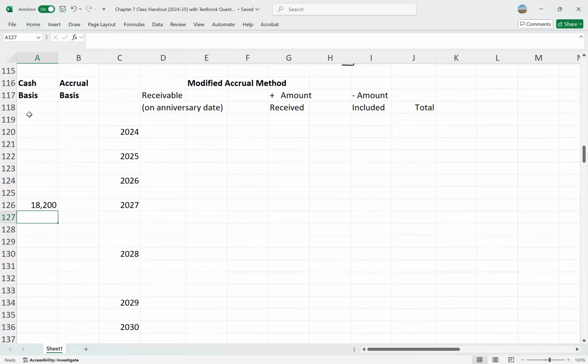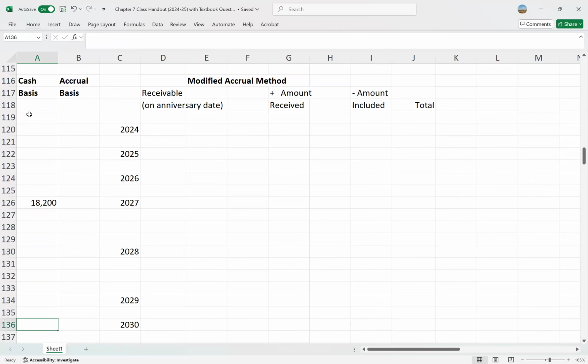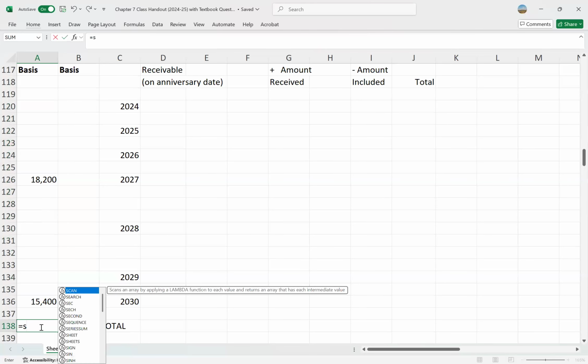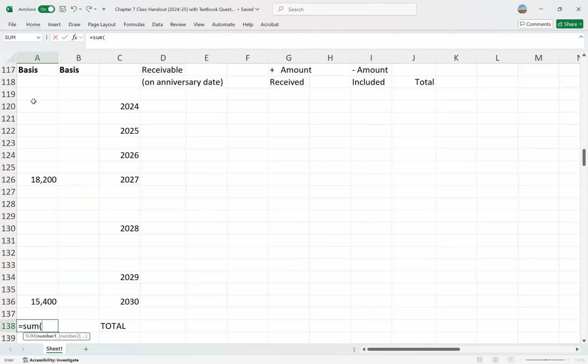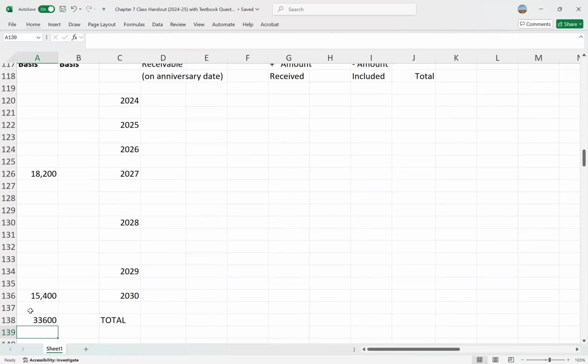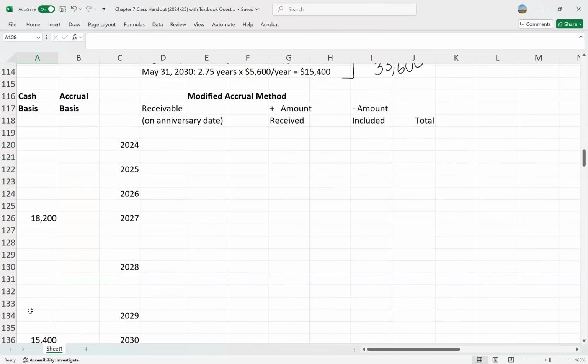The last payment will be made in 2030, 15,400. The total is 33,600. But we know that cash basis is not allowed for accounting.